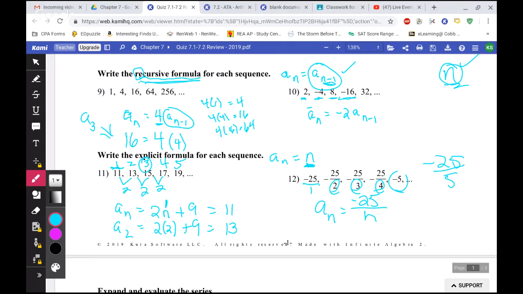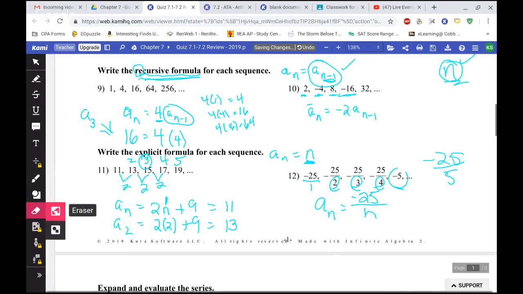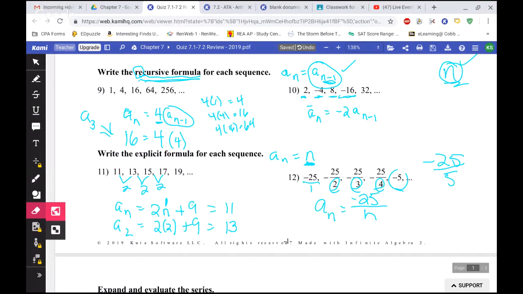I usually go in and just write, okay, this is the first term, this is the second term, this is the third, like I did here, to remind myself that this has more to do with where it is in the sequence than any of the terms in the sequence. And this one depends upon one of the numbers in the sequence. Yes, ma'am.